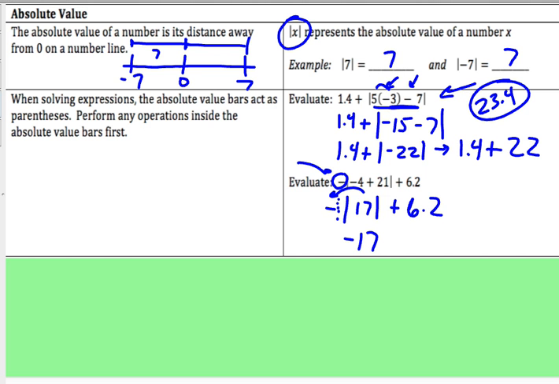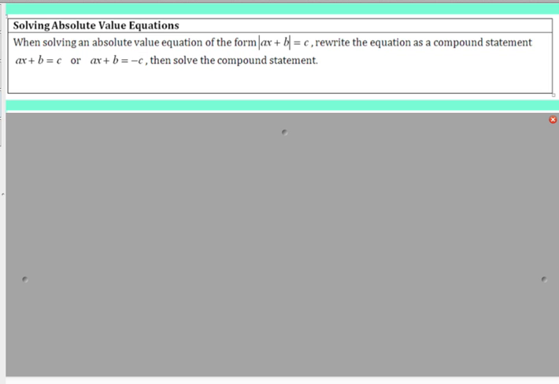You get -17 plus 6.2. Adding those up, negative plus the positive, there's more negative. So this becomes -10.8. And you can just add that up on your calculator. So, a little bit with absolute value.